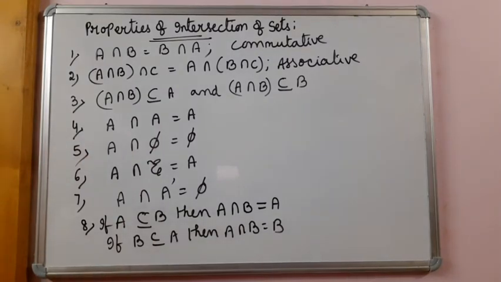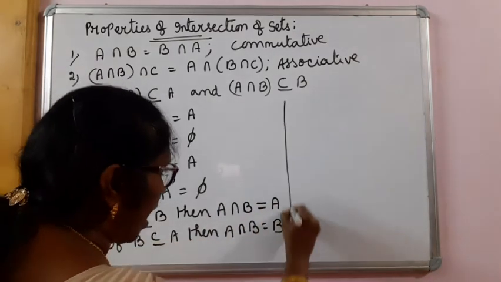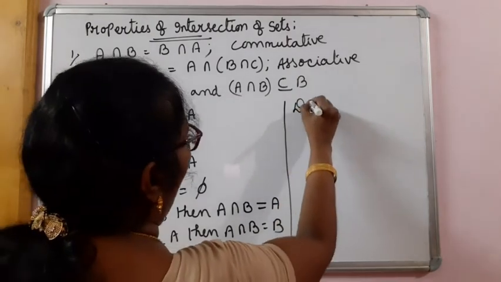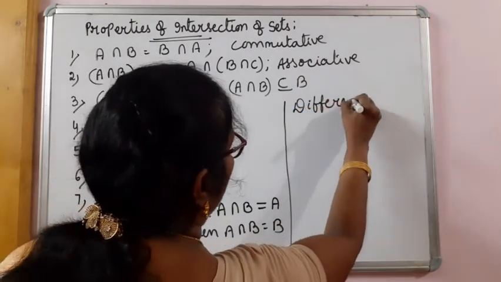Okay? And now let us have the properties of difference of two sets. Difference of two sets, only for A minus B we can have difference of two sets.